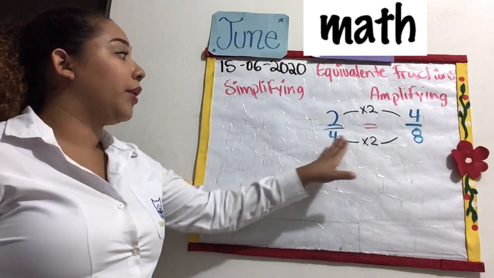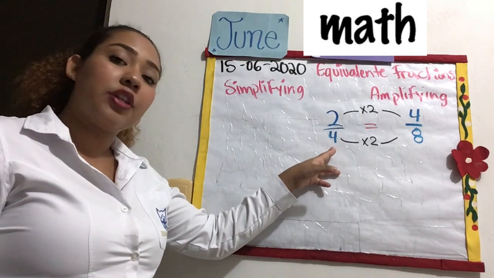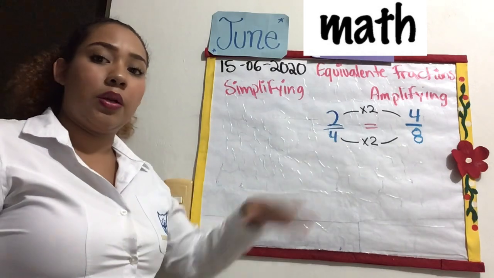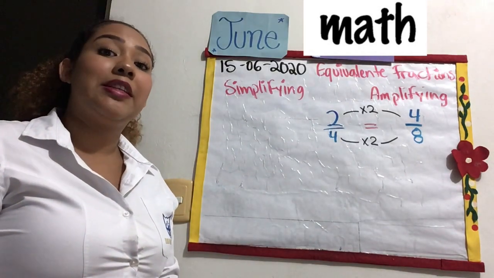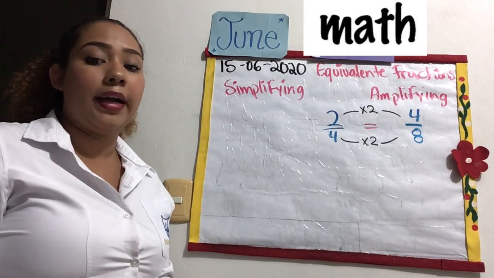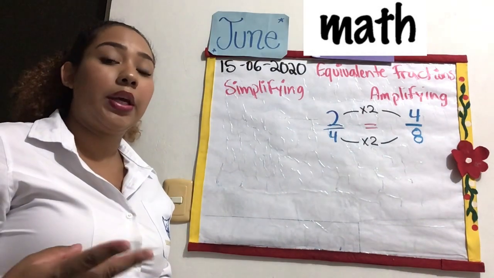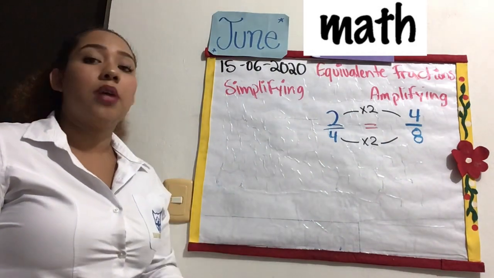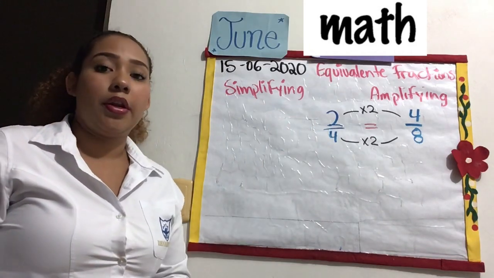Now, how can we simplify this fraction? A fraction that will be simplified and will be equivalent to this one with the same amount. In this case, you're going to divide by the number 2, because it's the greatest common number and is the number that is the same for both numerator and denominator.